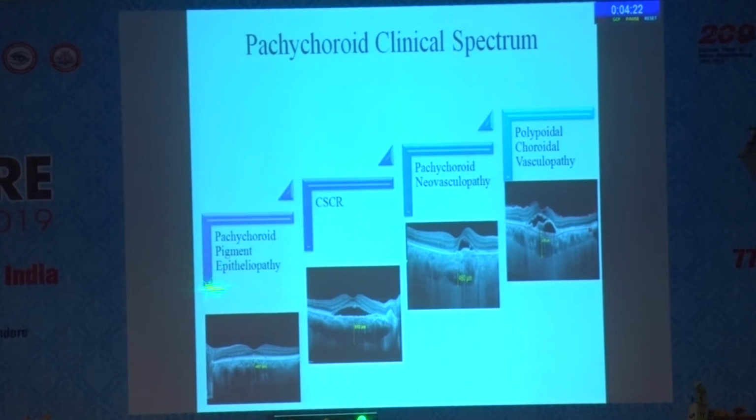Probably those cases were the initial pachychoroid pigment epitheliopathy, further leading to CSCR, leading to pachychoroid neovasculopathy. As Dr. Anand said, now the definitions are changing. We no longer call it type 1 or type 2. Whatever vascularization you have at the macula is basically MNV, macular neovascularization.